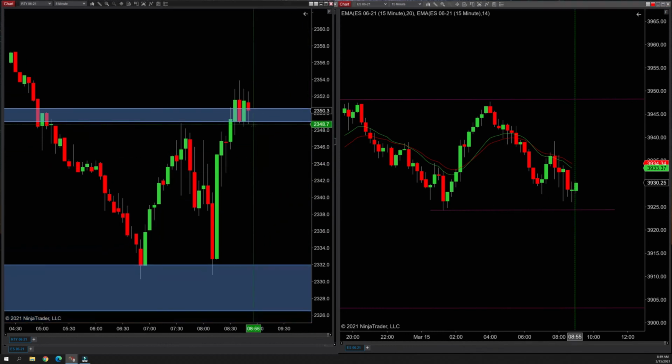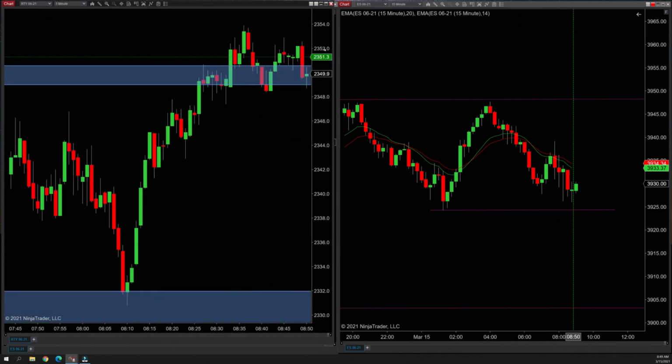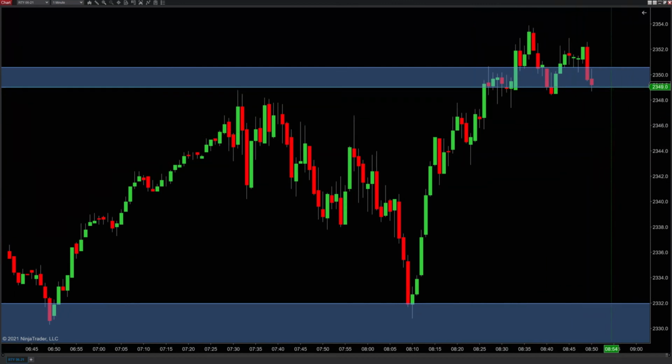I think that the Russell's going to break out up here. Let's go into the 1 minute chart and see what's going on. There's your opportunity to enter, right? Right around here, you could enter. Stop loss, say you set your stop loss down about 47.2.